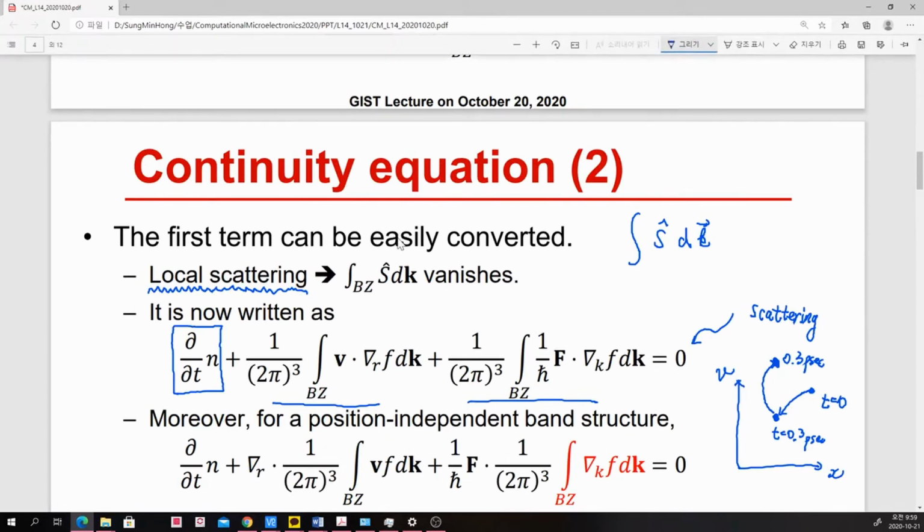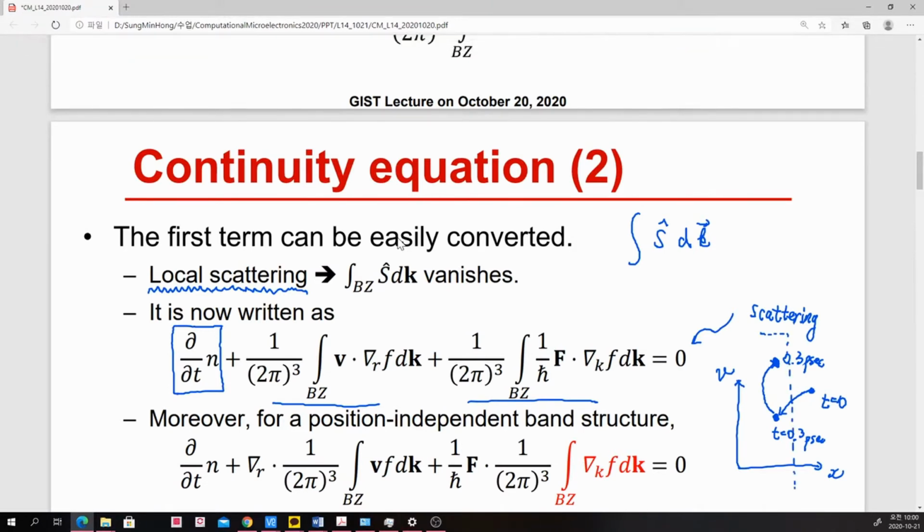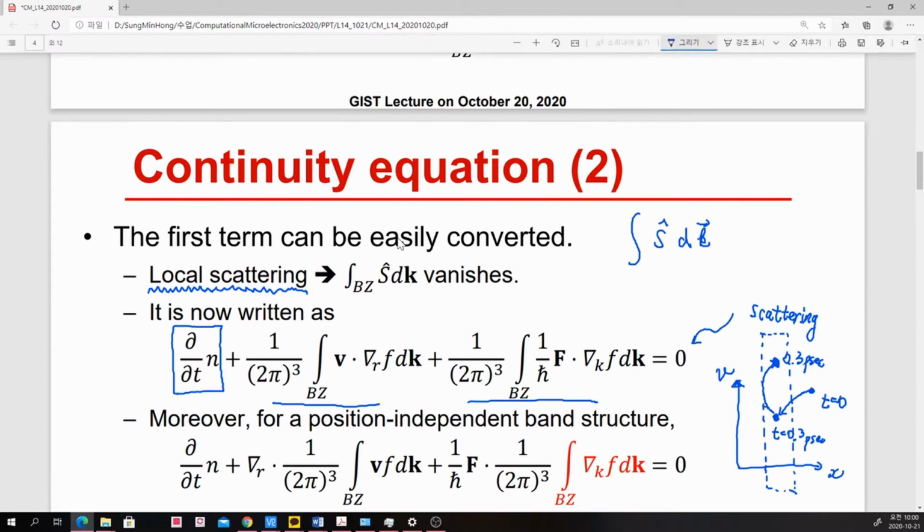Even in this case, if we integrate our scattering over momentum space, in this case the velocity axis, then we will have just 0, because at this position one electron moves away, so we will have -1.